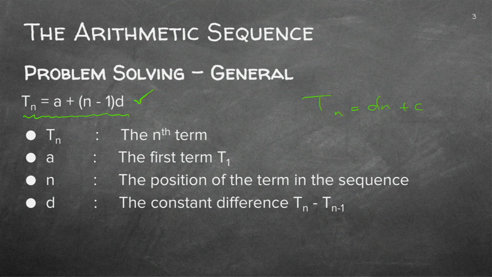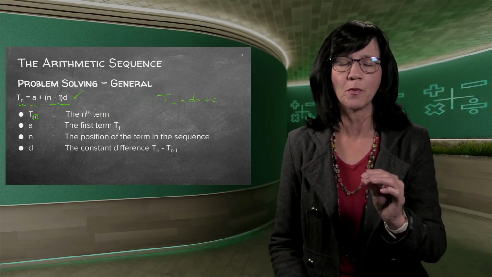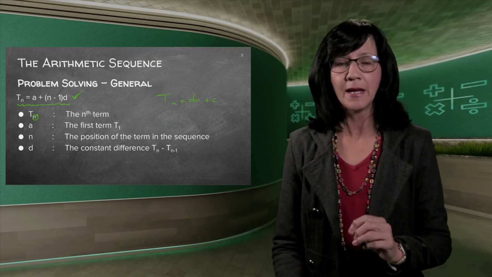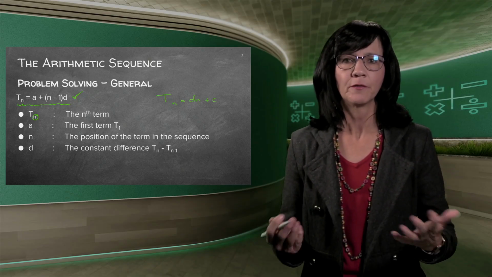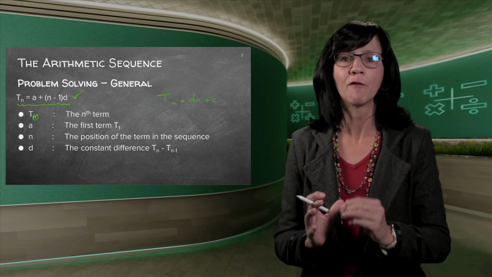So this one, just remember what I said, you can very easily get confused with the T and the N. If there's a little n there, it means it's the nth term. So that little n is not what we work with. It just tells us which term we are working with. And then the A, first letter of the alphabet, is also the first number of my sequence.